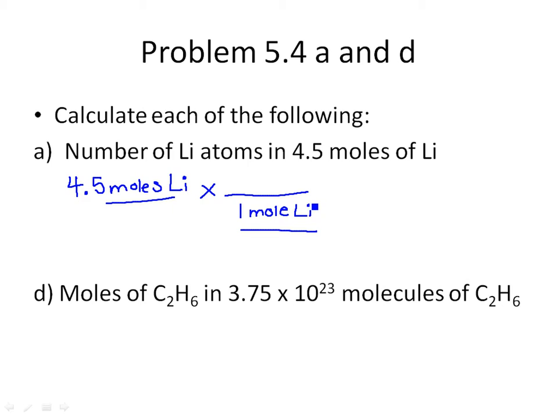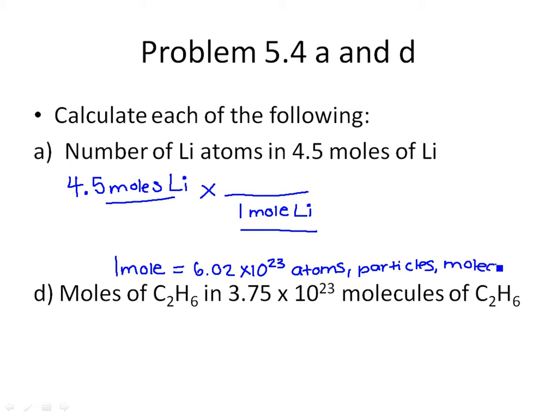Then all we do from here is we know that 1 mole of any element or compound is equal to 6.02 times 10 to the 23rd atoms, particles, or molecules.